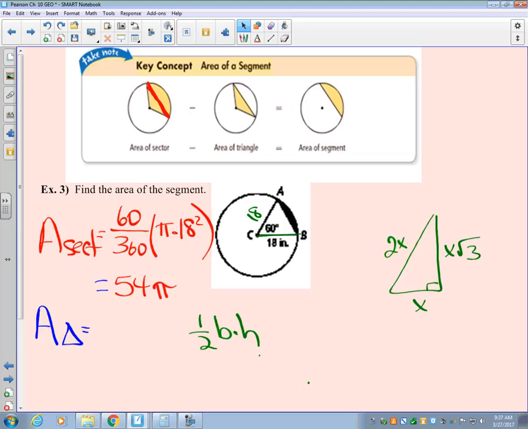Now I have to find the area of that triangle. So what I'm going to do is redraw the triangle. I'm going to put my 60 degrees at the top. This is 18. Technically so is that, but I'm not going to.